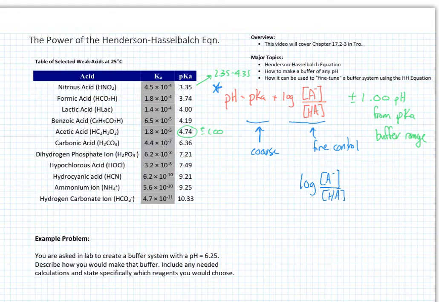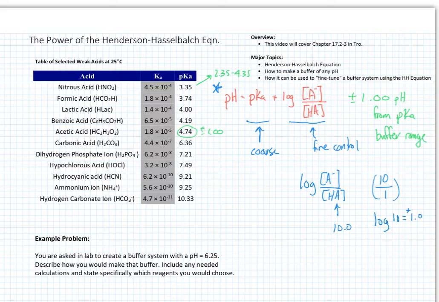If this ratio, HA over A minus, is 10, in other words, the A minus is 10 and the HA is 1, then the log of 10 is equal to 1.0, plus 1.0.